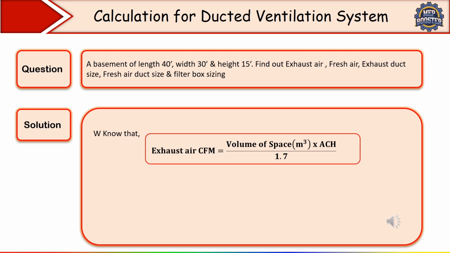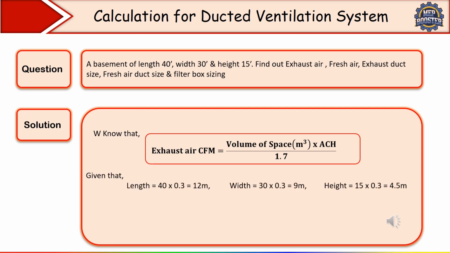First we need the volume of space, and in the question the basement length, width and height are given, but in which unit? In feet. So first we have to convert feet into meters, then only you can put that value in the volume of space.